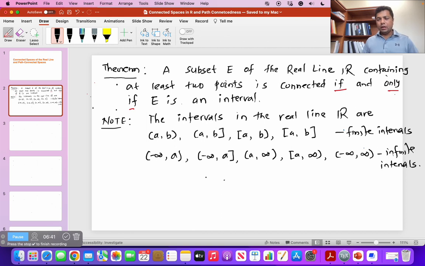Okay. The next thing we're going to talk about is a special type of topological space, which is called a path connected space.